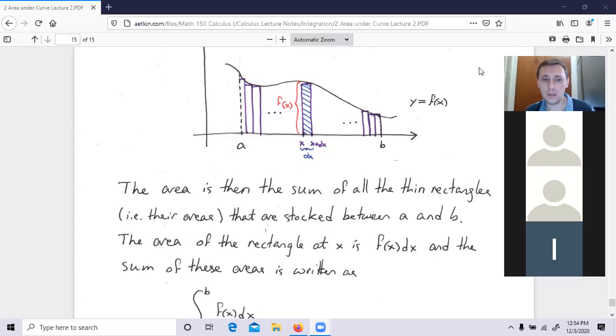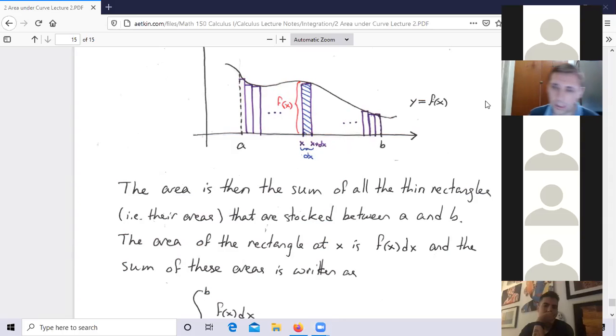Good? So then what we will do is, underneath the curve, we will stack those individual rectangles. They will be very thin. You see we're stacking them under the curve. The altitude at point x will be f of x. And because they're thin, their width is dx.